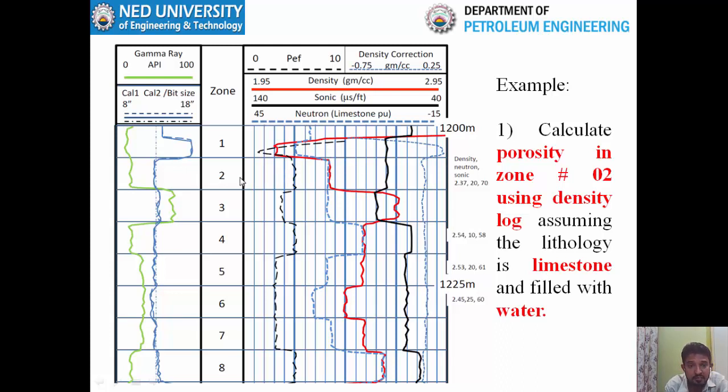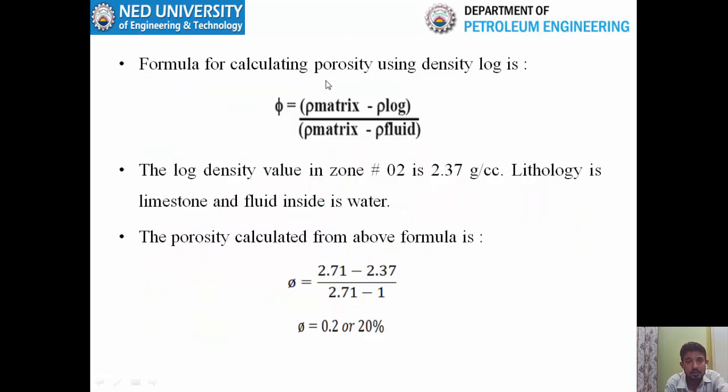So by reading the value of density in zone number 2: 2.20, 2.25, 2.30, 2.35, and slightly higher than 2.35, so maybe it's 2.37. So the density value in zone number 2 is 2.37 gram per cc, by knowing the scale and the small box value. So again, we know the formula to estimate the porosity.